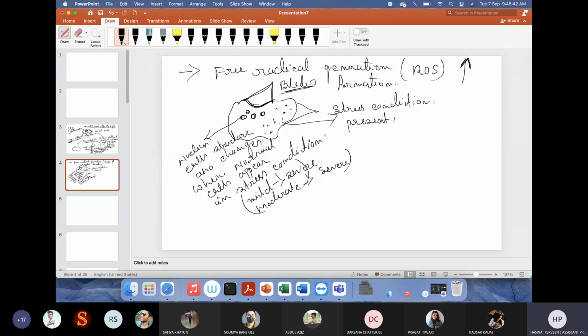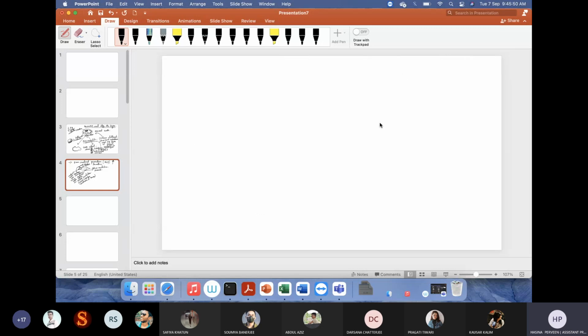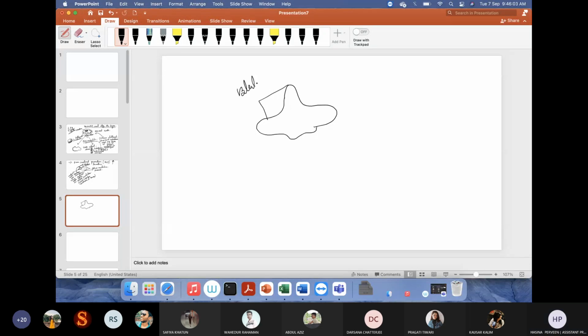And next, these conditions exist. That means different toxicants have already entered, and the duration continues. That means this condition also shows bleb formation.